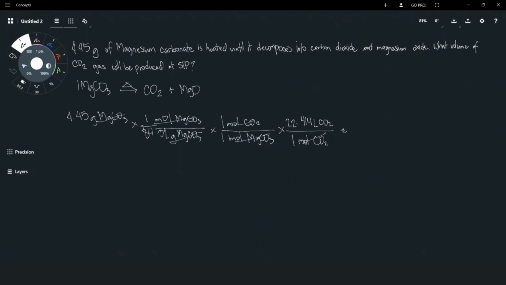Again, canceling the units, 4.45 grams divided by 84.32 multiplied by 22.414 liters will give you the final answer of 0.18 liters of carbon dioxide as the volume produced by this reaction at standard temperature and pressure.